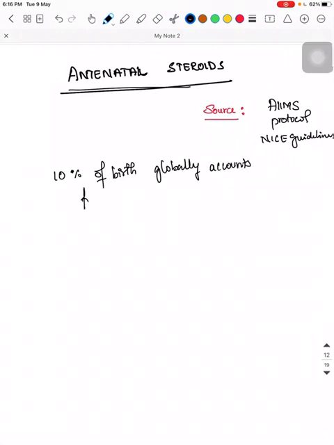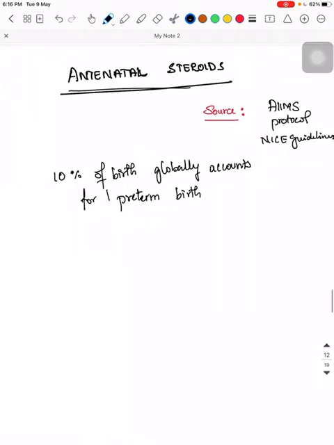The complications of preterm birth are the major cause of under 5 mortality.